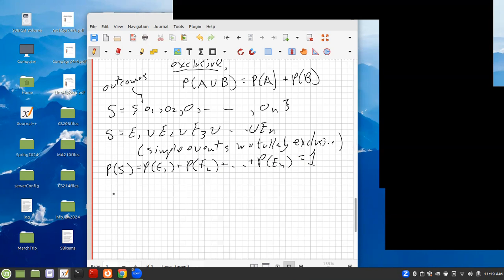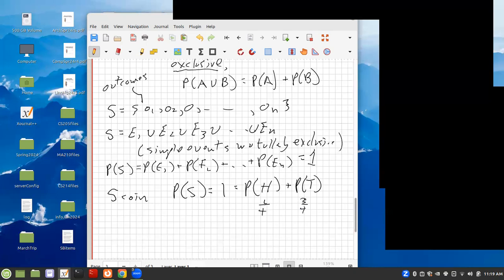For example, for the coin, the probability of S equals 1, which equals the probability of, say, heads plus the probability of tails. So if you make this 1/4, this has to be 3/4.